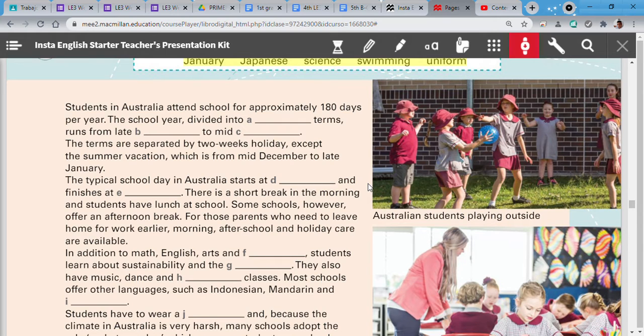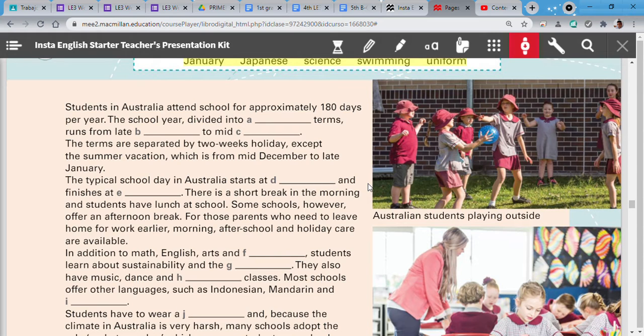Students have to wear a uniform, and because the climate in Australia is very harsh, many schools adopt the rule no hat, no play, which means students can only play outside if he or she wears a hat.